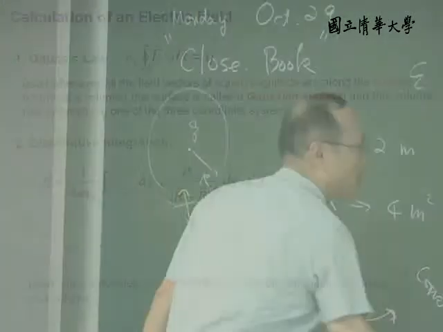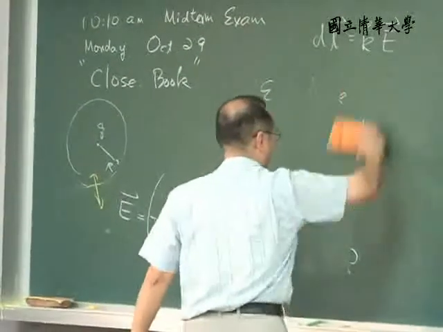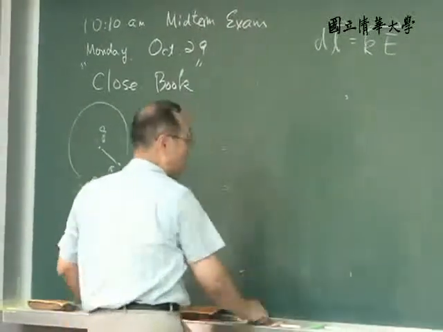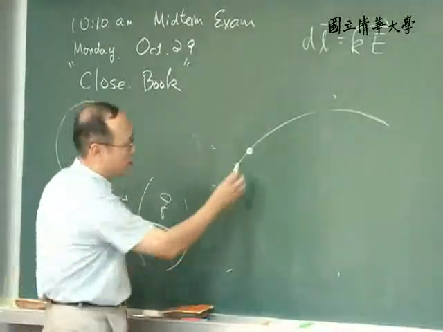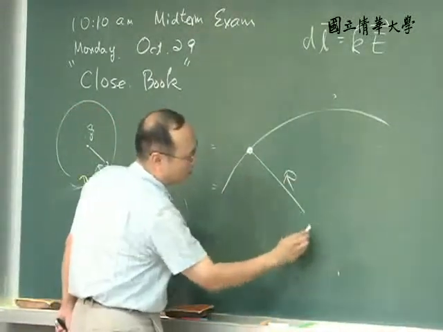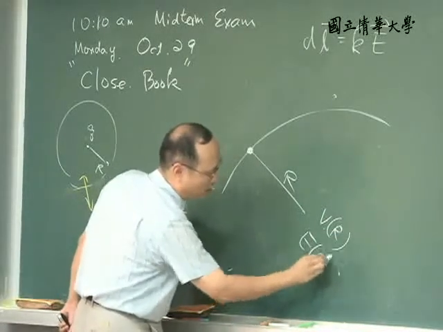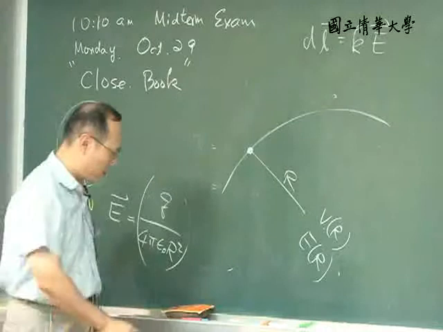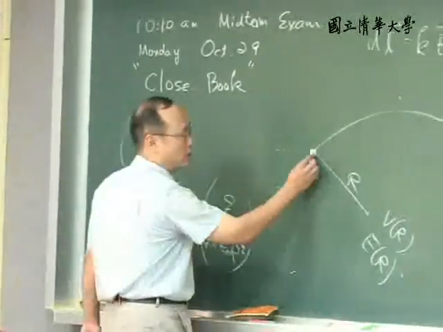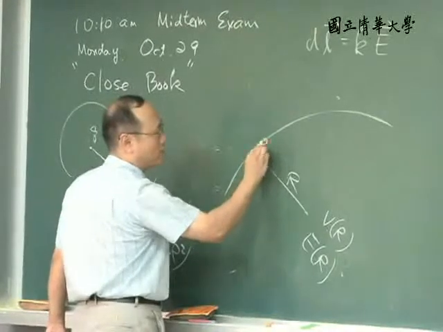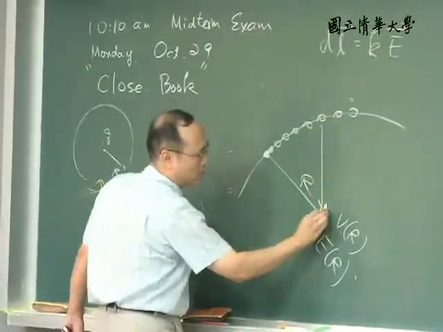You already know a point charge at some position r, V as a function of r, E as a function of r. And you can use calculus to integrate a lot of points along the line, contributing to this point.